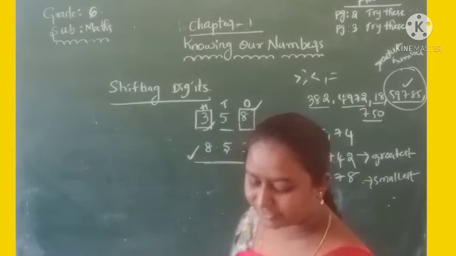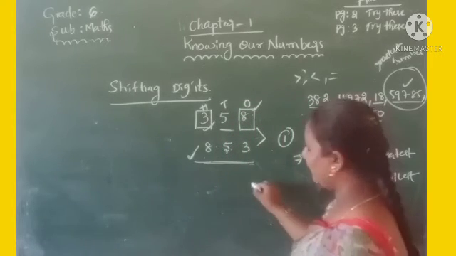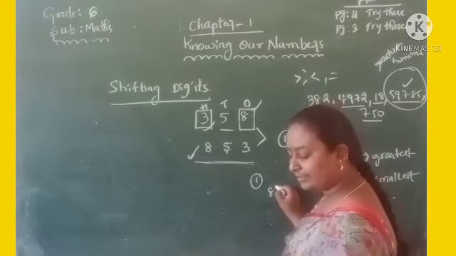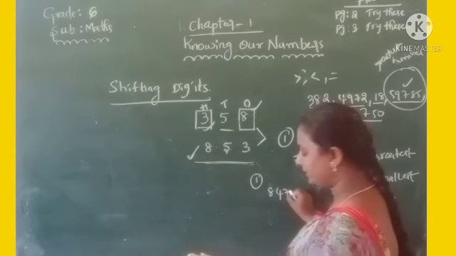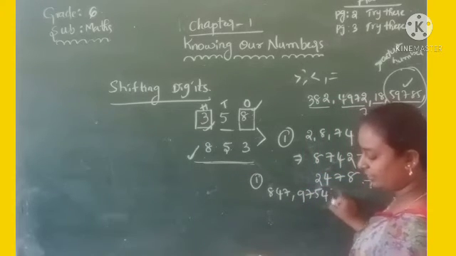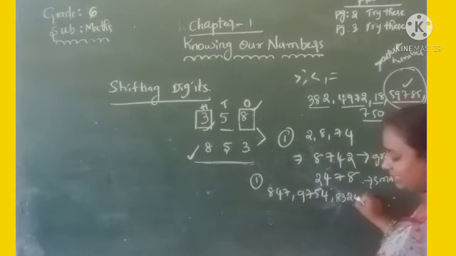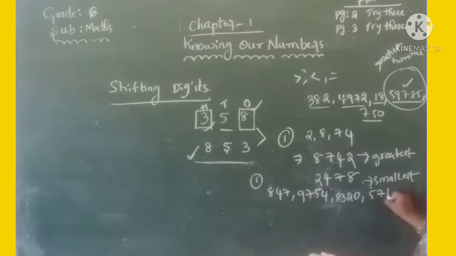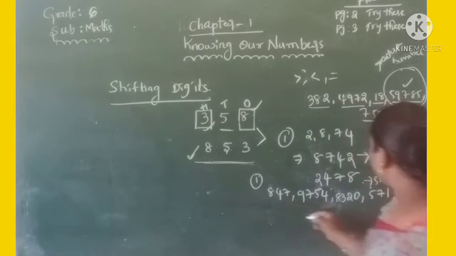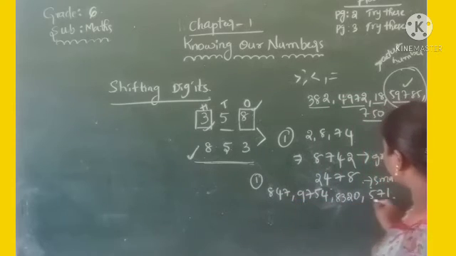So here in the first problem, what they given? Arrange the following numbers in ascending order, that is 847, 9754, 8320, 571. Ascending order. So ascending order, check here.